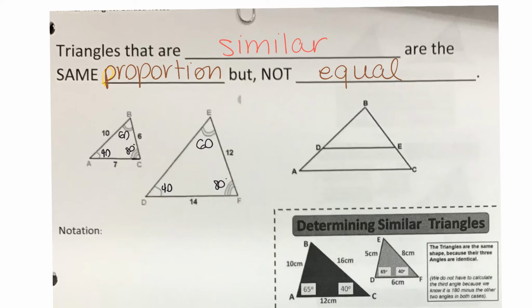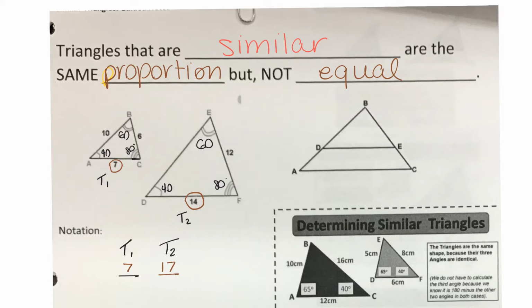Let me set that up. Let's call this triangle 1, and we'll call this triangle 2. So we can set up what we call ratios here. I don't want an equal sign there. About T1 and T2. And a ratio looks like a fraction. If I focus on this bottom side, AC, that's 7. And it corresponds right here with 14 for T2.